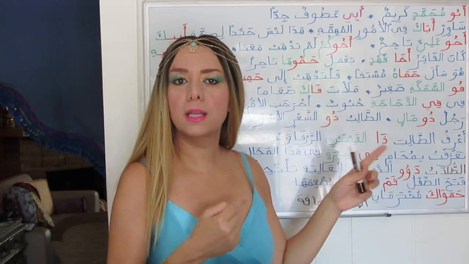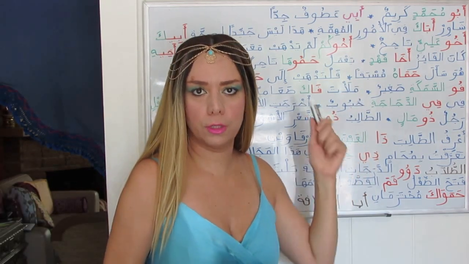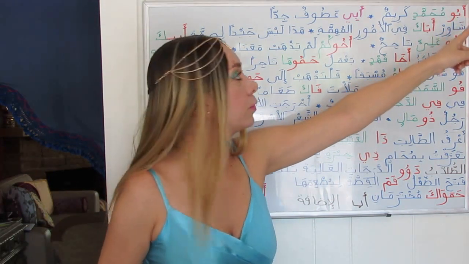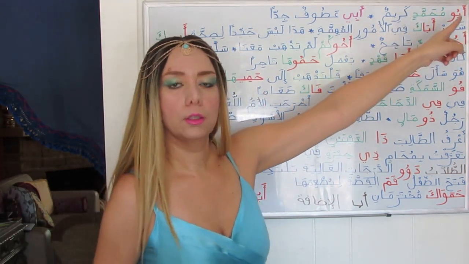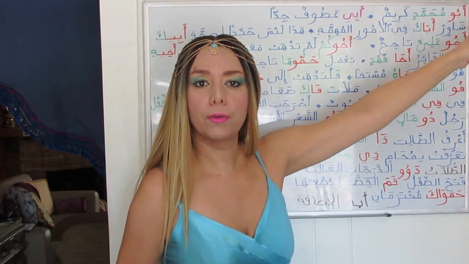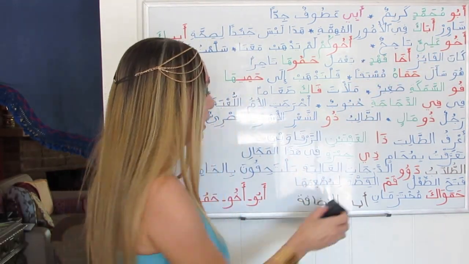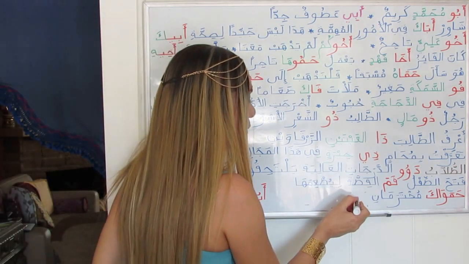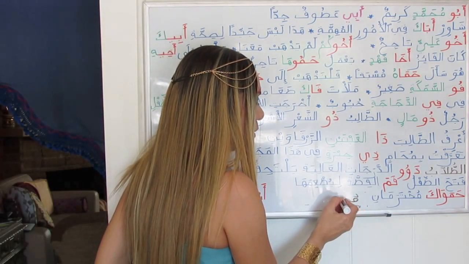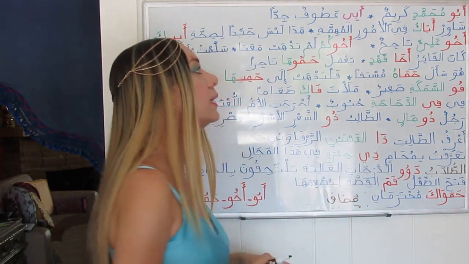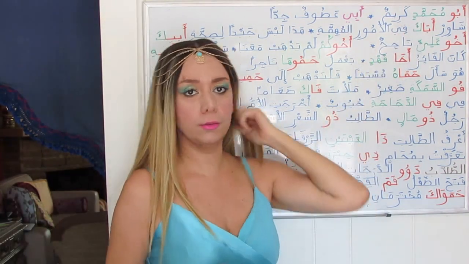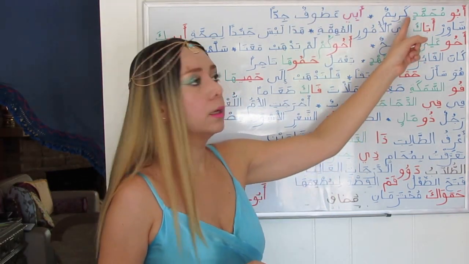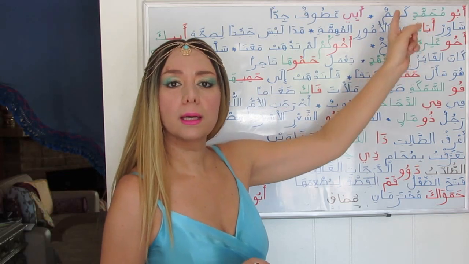So this noun represents the subject of this nominal sentence and the first term of this idafa, which is called mudaf, added, مضاف. And the second term, which is in the genitive, and since Muhammadin is a proper noun, it will take a tanween, double kasra.